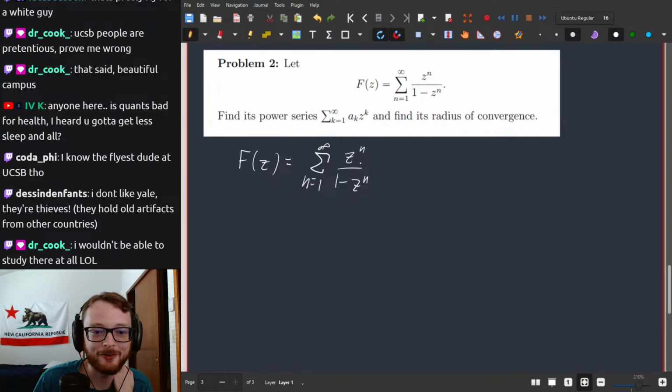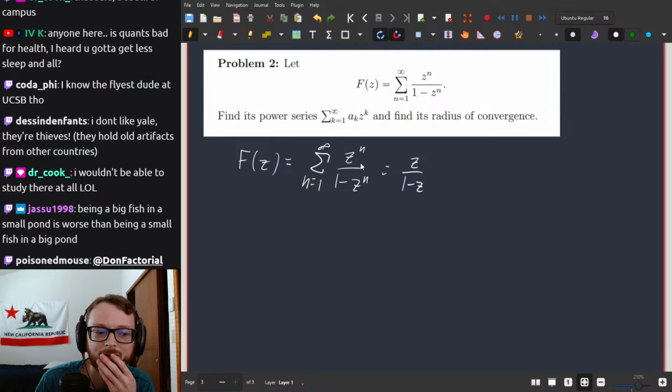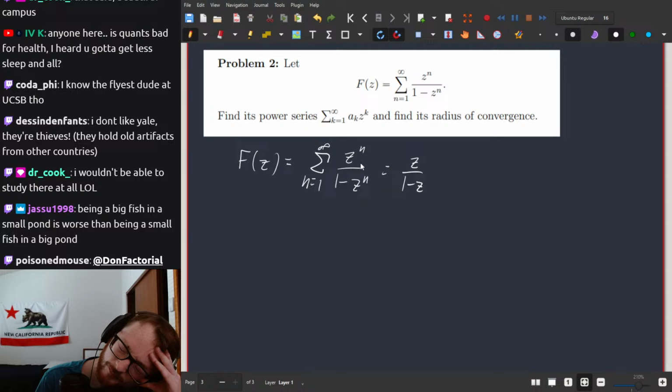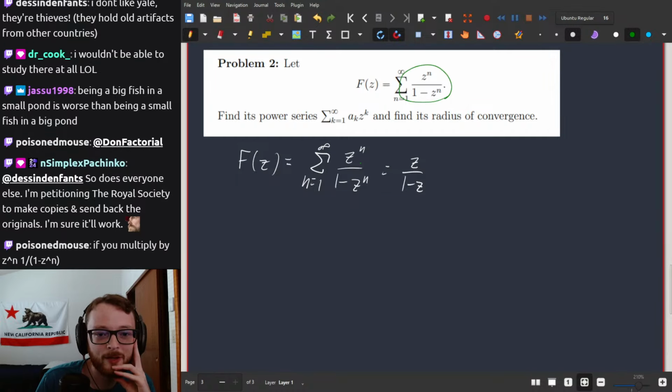So I guess let's try Dr. Cook's idea of taking derivatives. Let's expand this out though. Wait. Doesn't this series diverge? The limit to infinity is -1.